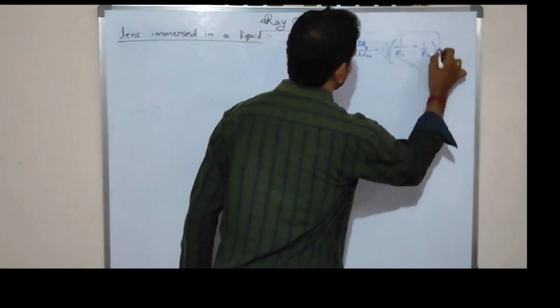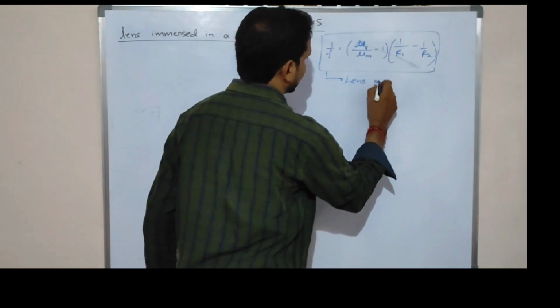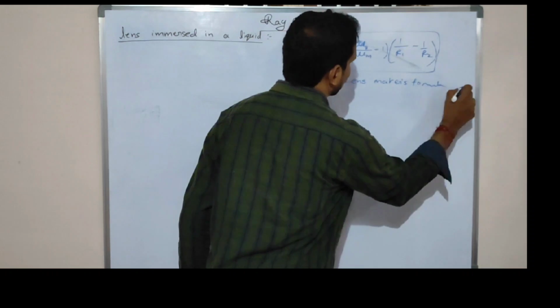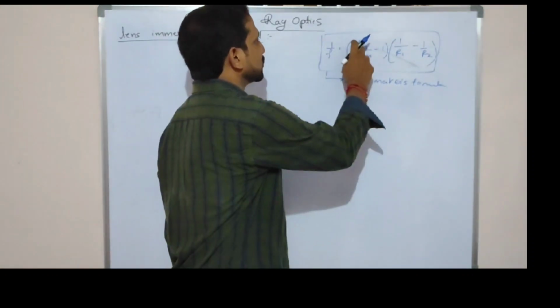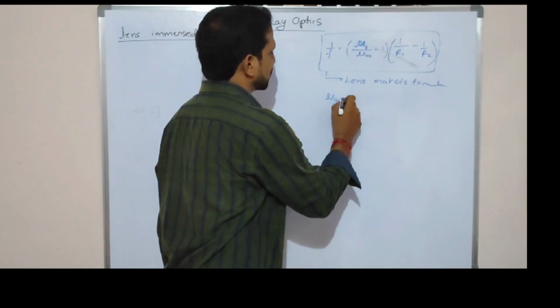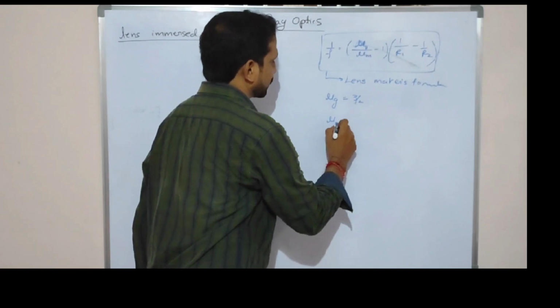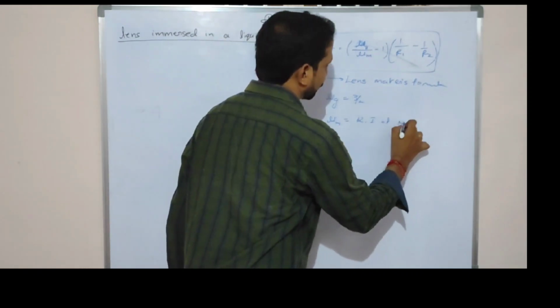This is called the lens maker's formula. Here mu g is the glass refractive index, generally 3 by 2, and mu m is the refractive index of the medium.